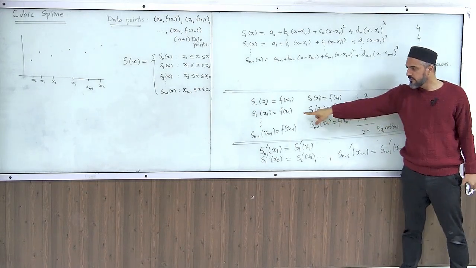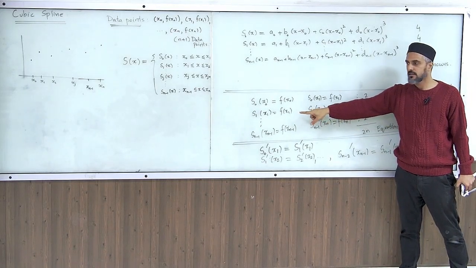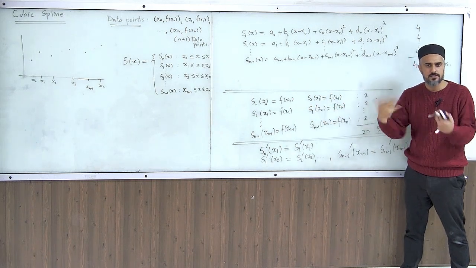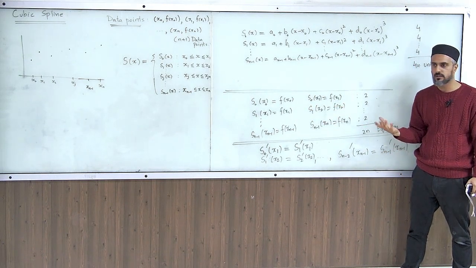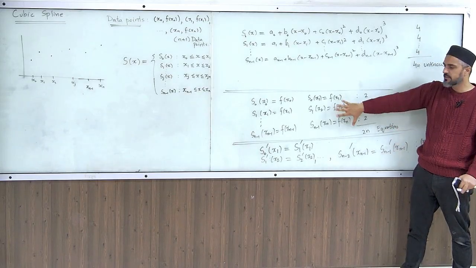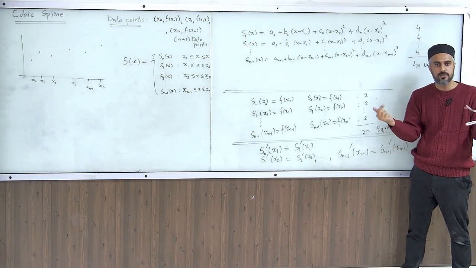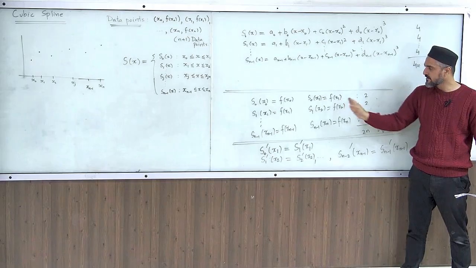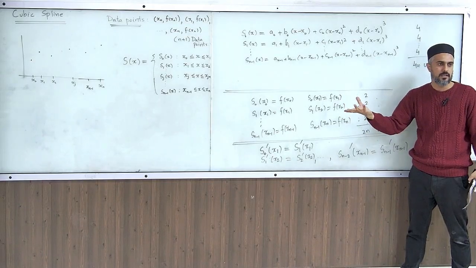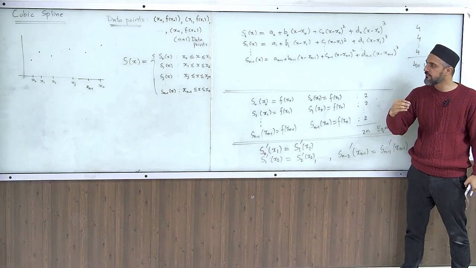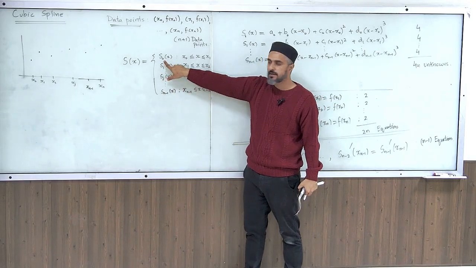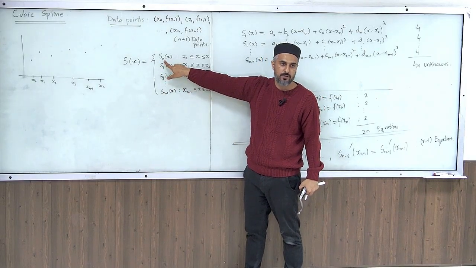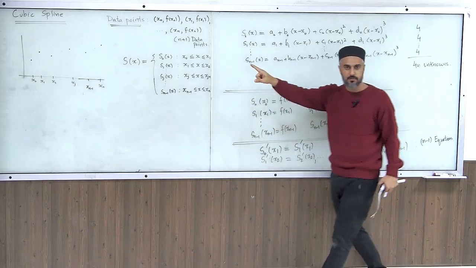If you see this condition, that is a natural condition. We see from the linear splines and the cubic spline that this comes naturally, that we need to connect the points. The function value should be the same as the predicted value at the given points.